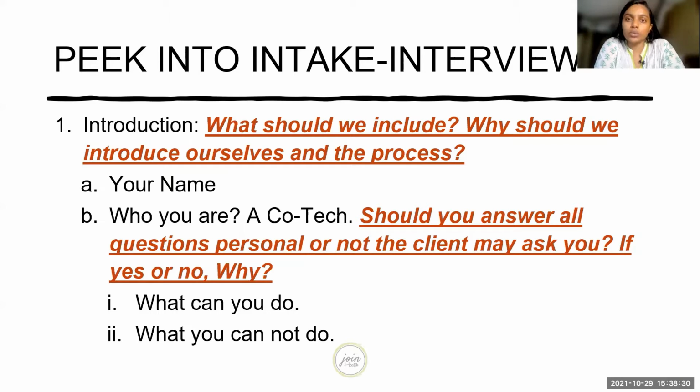That's what it includes. If you are a counselor, or even if you're a psychologist, you want to include those things so that they know whom they're connecting with, and they could use their heuristics, or they could think about, okay, do I feel comfortable connecting with this person?